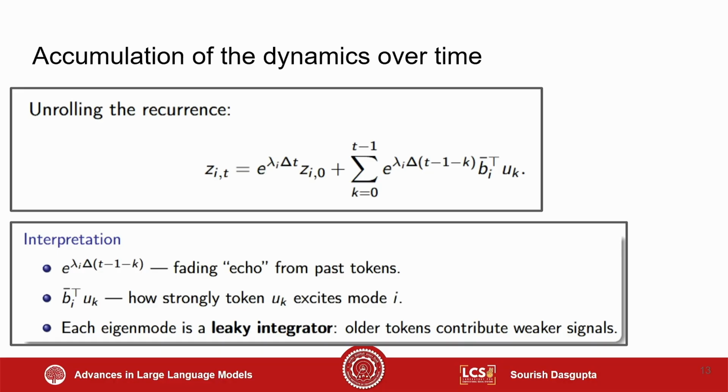We'll see how this works out, but the interpretation is the same: e raised to lambda I delta (t minus 1 minus k) would represent the fading echo from all the past tokens within that time interval. And B I transpose u k is how strongly that particular token u k, at time step k, excites mode I. This is for one mode or one feature, right?